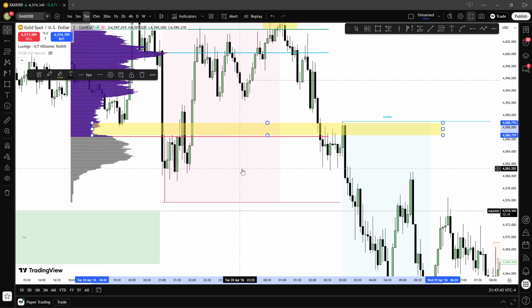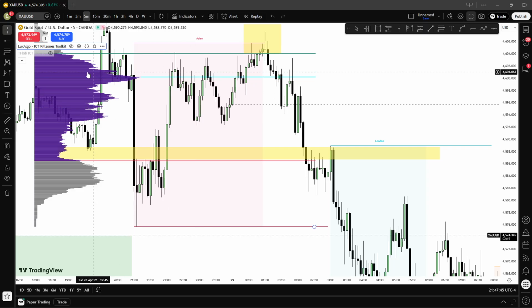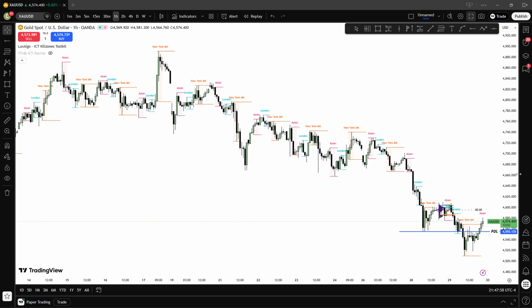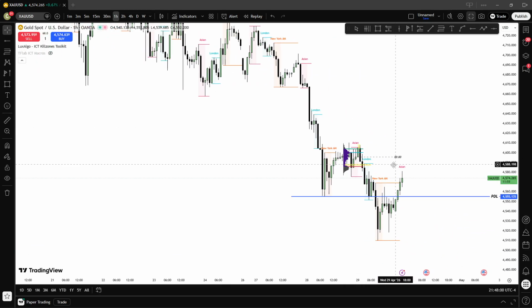You see the price traded below the value area low, so we are waiting for an acceptance.